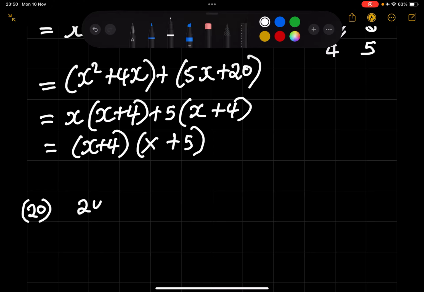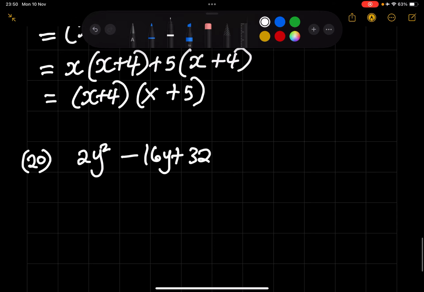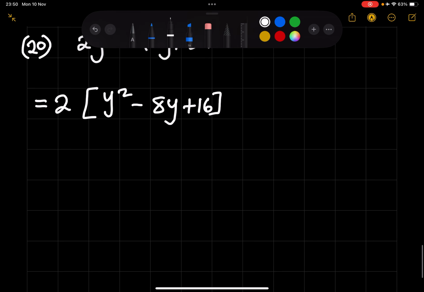We have 2y squared minus 16y plus 32. First, there's a highest common factor of 2 there. You take it out. You're left with y squared minus 8y plus 16. Now you ignore the 2 for now. There's a 1 here, so it's going to be the first coefficient times the c.